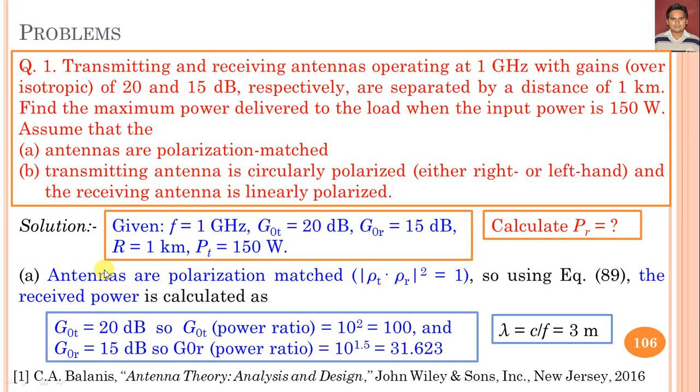And for considering the case of polarization matching, the magnitude of rho_t dot rho_r squared equal to 1 is considered.